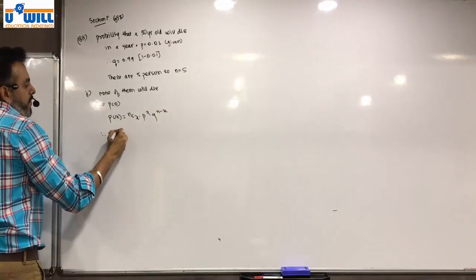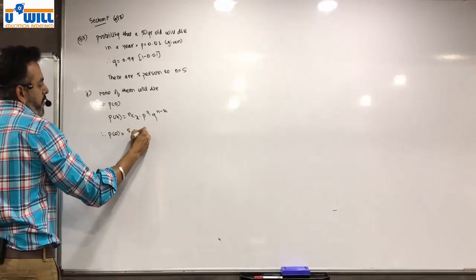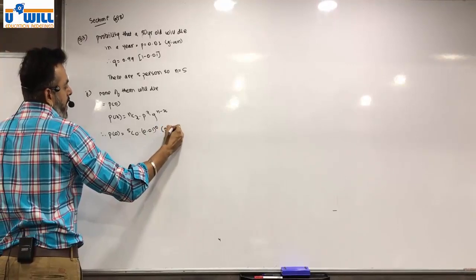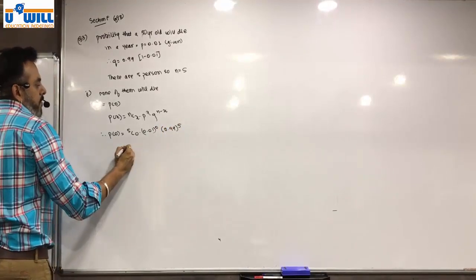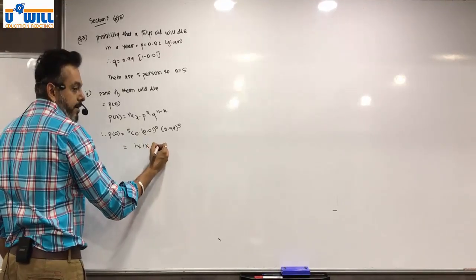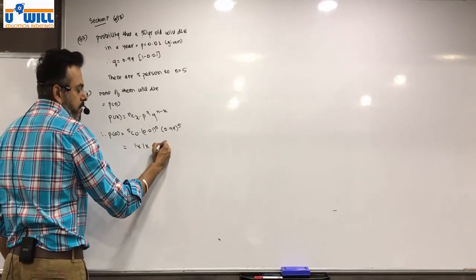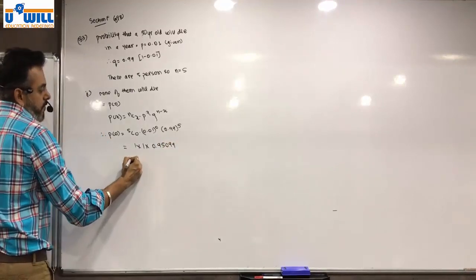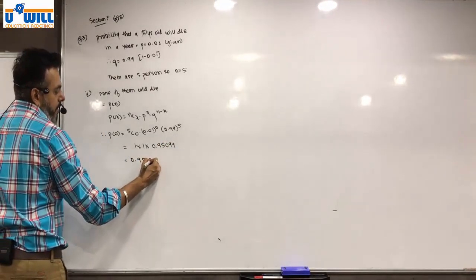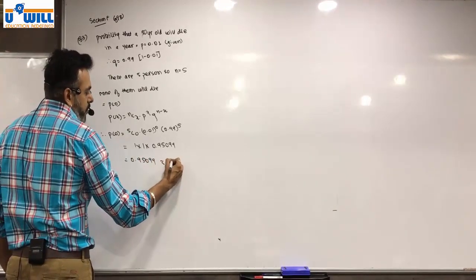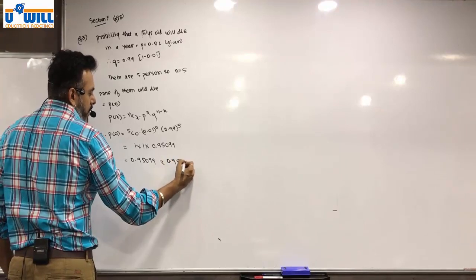Therefore, probability of 0 is equal to 5C0, 0.01 raised to 0 and 0.99 raised to 5, which is equal to 1 into 1 into 0.95099, which is equivalent to 0.9510.